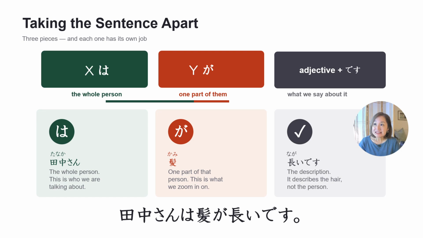Japanese simply tells us who we're talking about, then identifies the particular part we're describing. So you can think of the sentence in two levels. は gives us a big topic, the person we're talking about. が points to the particular part we're describing. Once you see that relationship, this sentence pattern becomes much easier to understand.